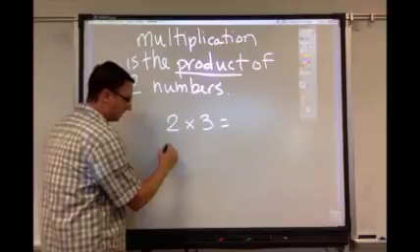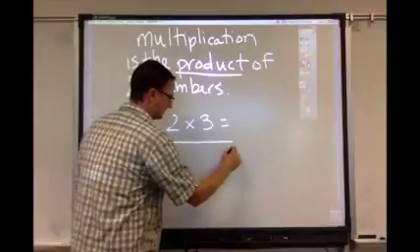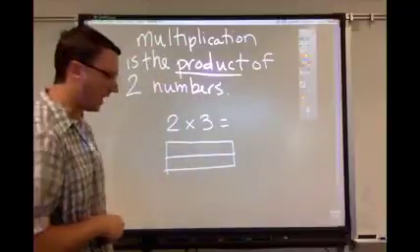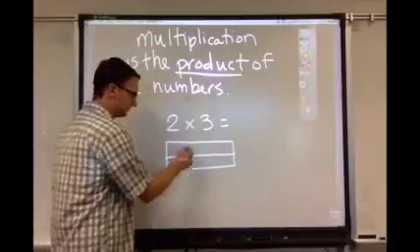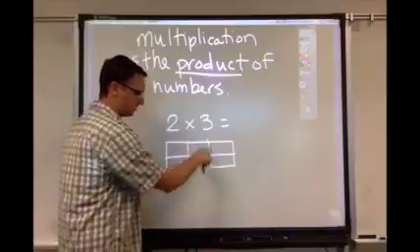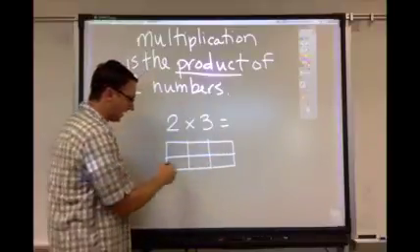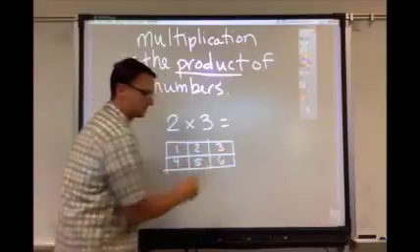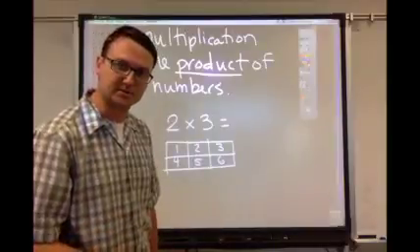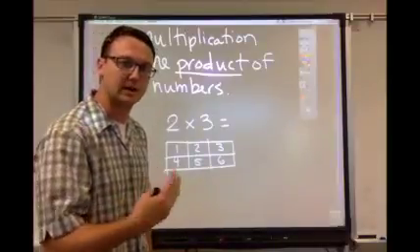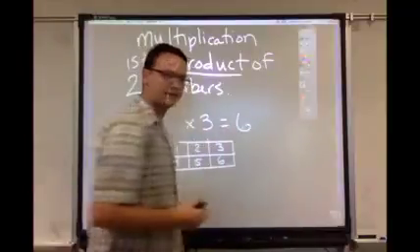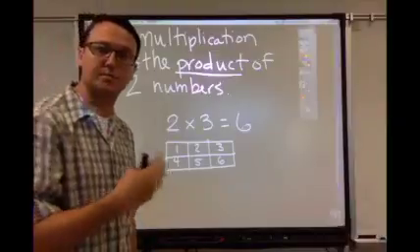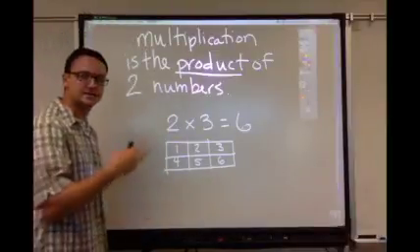So then I would do 2 rows, and then I would do 3 columns. 1, 2, 3. Then I get 1, 2, 3, 4, 5, 6. There would be 6 units when I multiply 2 times 3. Therefore, the product of 2 times 3, or 2 multiplication times 3, is 6.